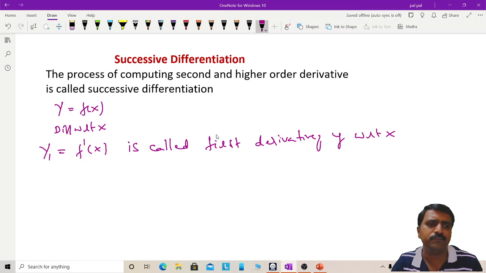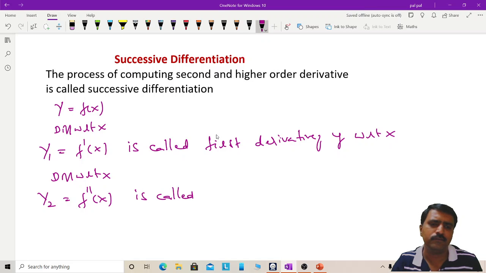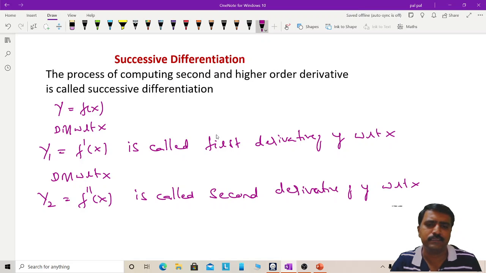with respect to x. Again you differentiate this with respect to x. It gives y2 is equal to f double dash of x, called the second derivative of y with respect to x.